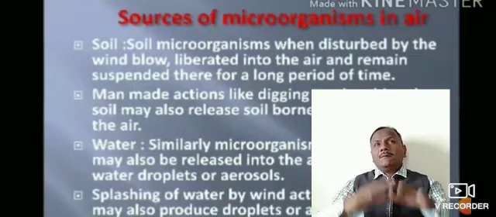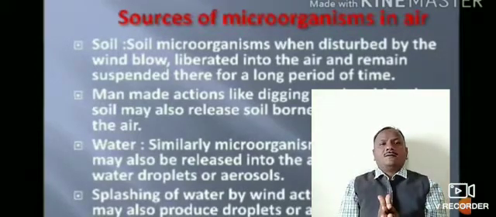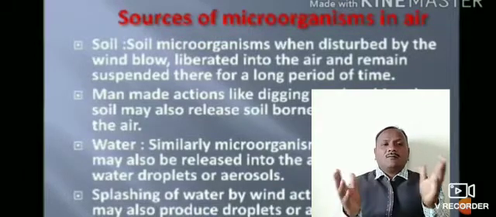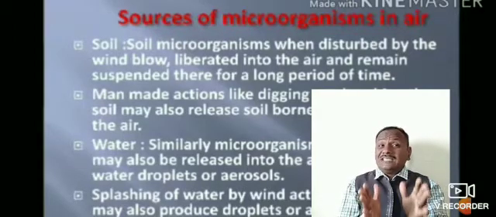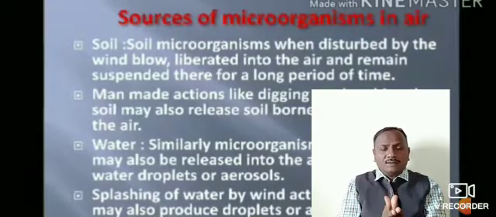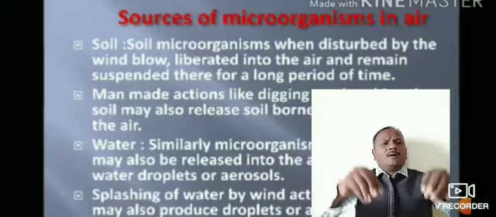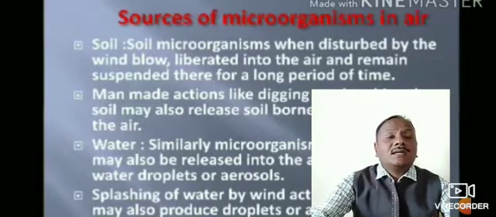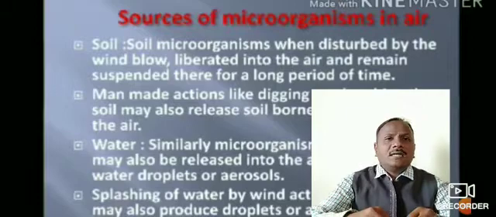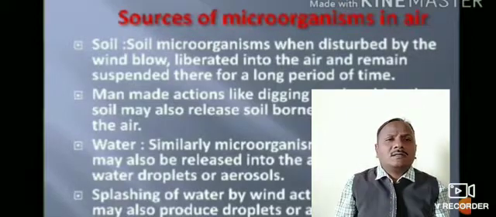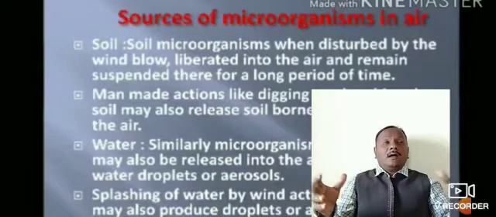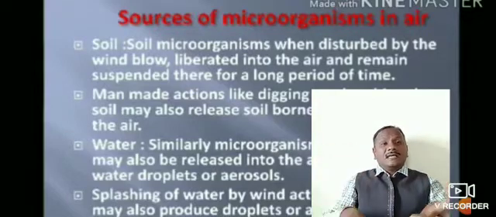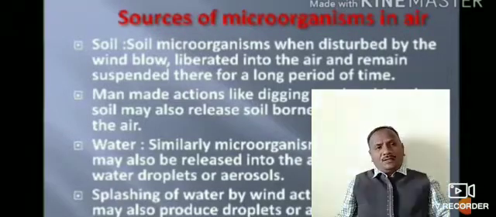Because compared to other sources like water, humans and animals, soil is the richest nutrient source for microorganisms, and the maximum number of microorganisms are naturally found in soil. That's why, when disturbed by wind, soil microorganisms are liberated into the air and remain suspended for a long period of time.